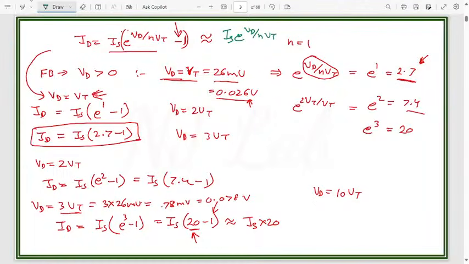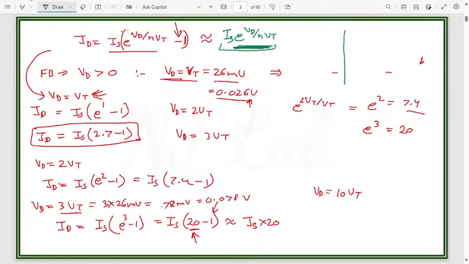Now if you look at this equation, Id equals Is e power Vd upon neta Vt, due to this exponential term, our forward bias characteristic comes out to be like this, in the form of an exponential.